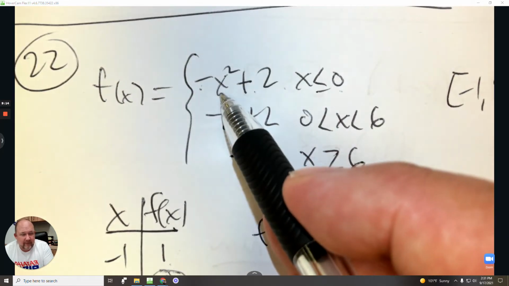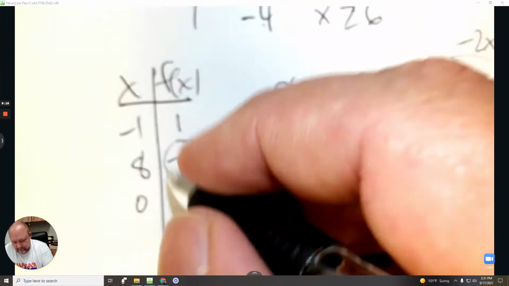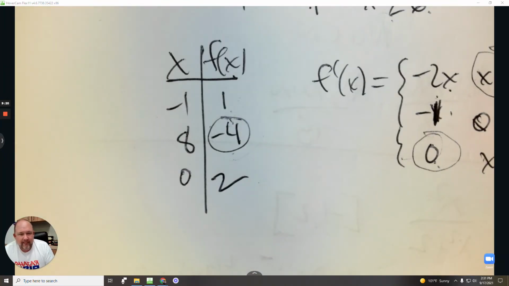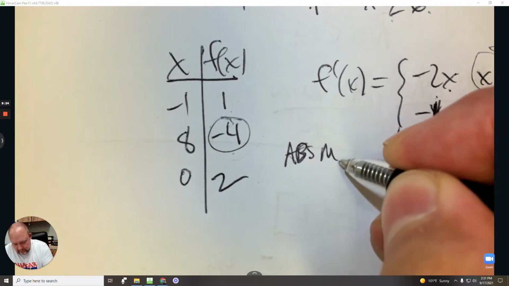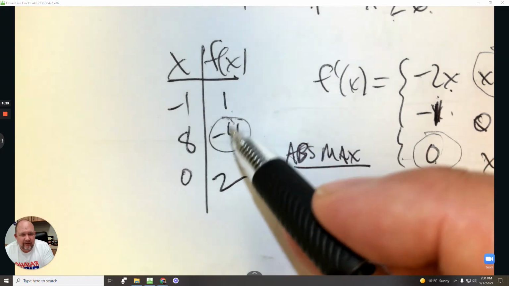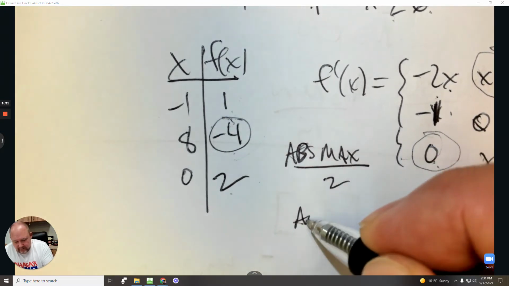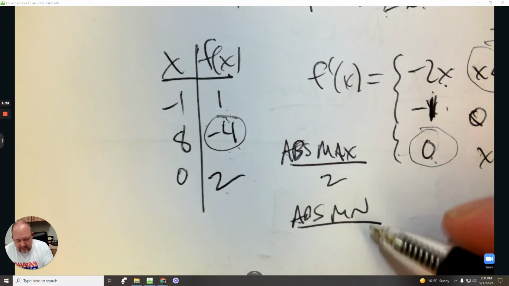And if I plug in 0 into the top piece, the answer is 2. And then what's the absolute max? So the absolute max is 2. And the absolute minimum is -4.